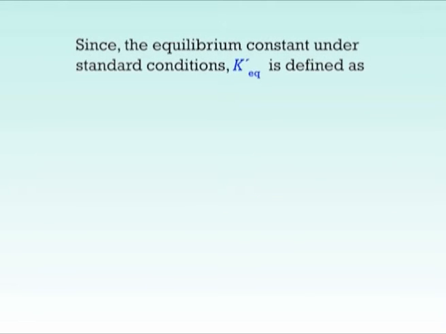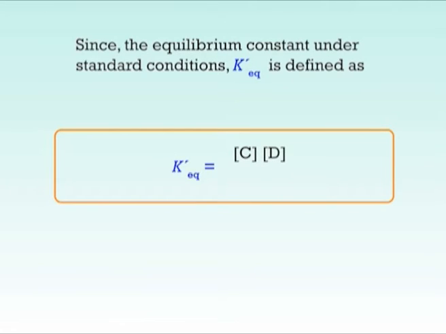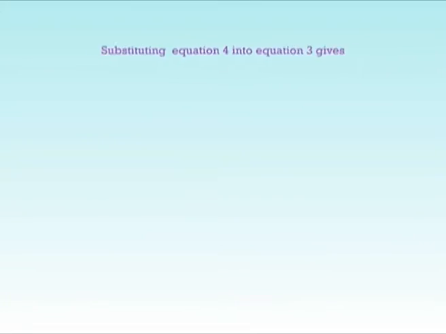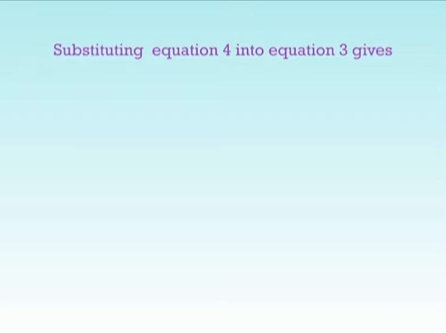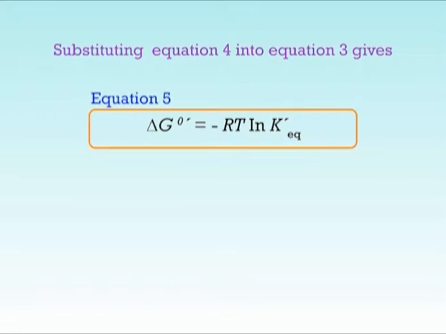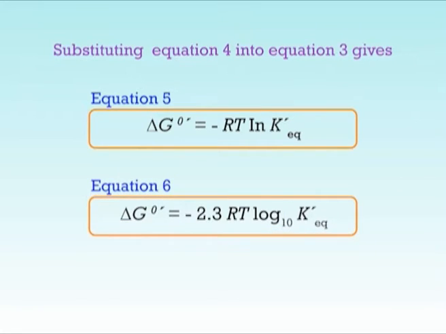Since the equilibrium constant under the standard condition is defined as K prime EQ equals [C][D] divided by [A][B], substituting equation 4 into equation 3 gives delta G naught prime equals minus RT ln K prime EQ, which can be converted to delta G naught prime equals minus 2.3 RT log base 10 K prime EQ.